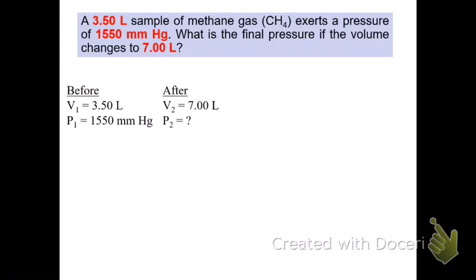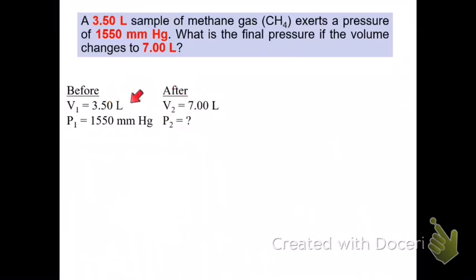We were given the initial volume and the initial pressure. So we have 3.5 liters of the sample at 1,550 millimeter mercury, and we're given the final volume of 7 liters, right? And we're trying to find what the final pressure is.